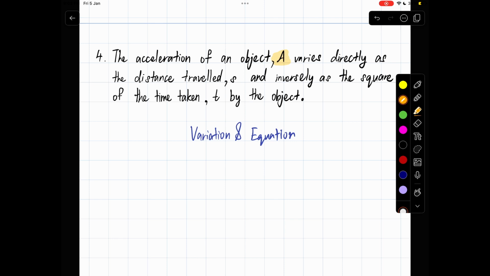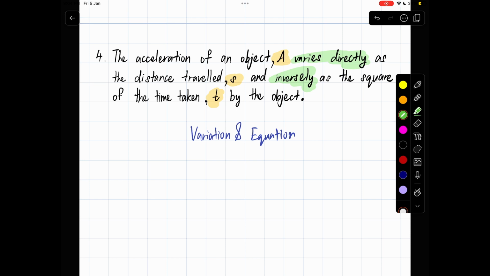First things first. Acceleration, which is a, varies directly as the distance traveled, which is s, and inversely as the time taken. Varies directly, the relationship will be just the proportion symbol. For inversely, it will be 1 over.